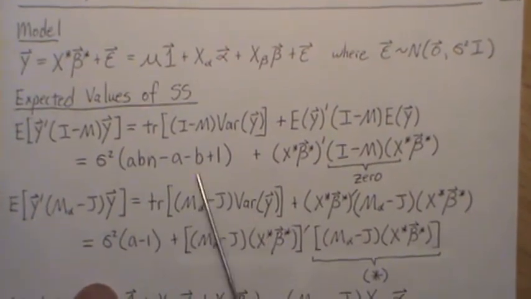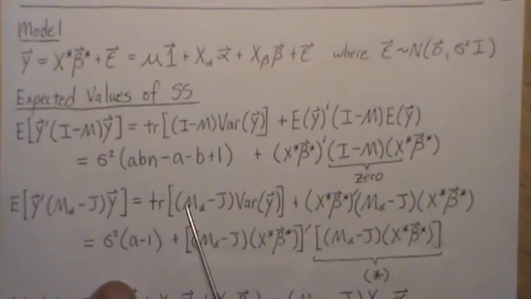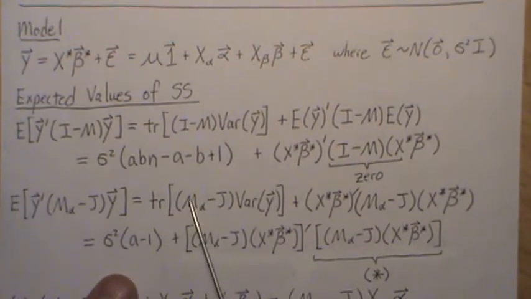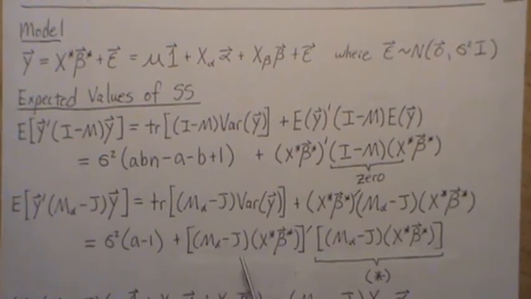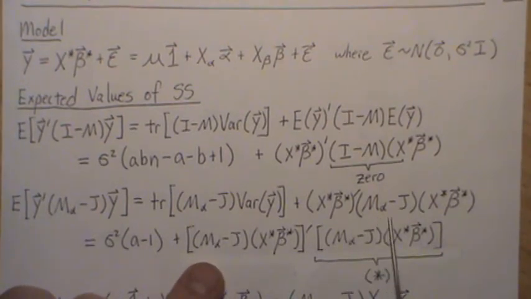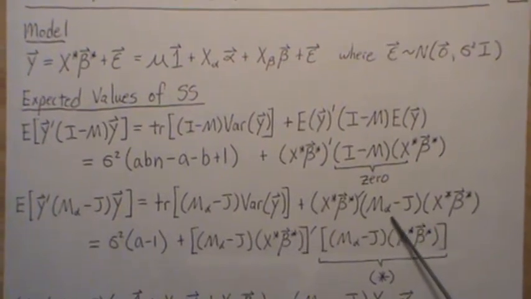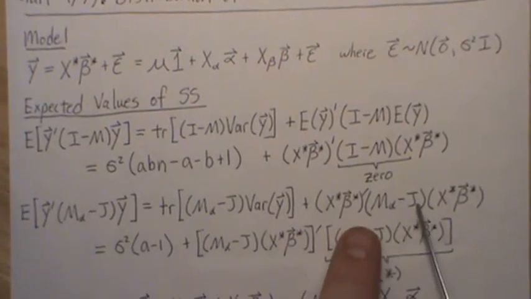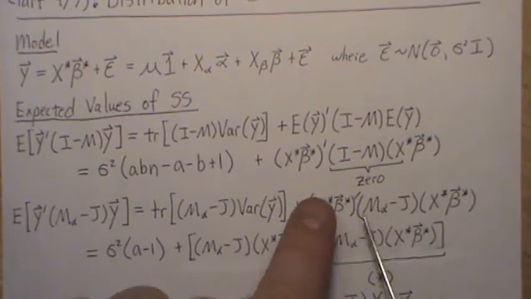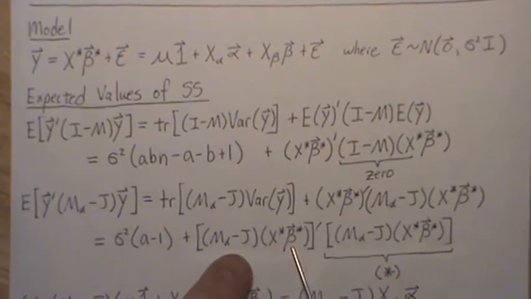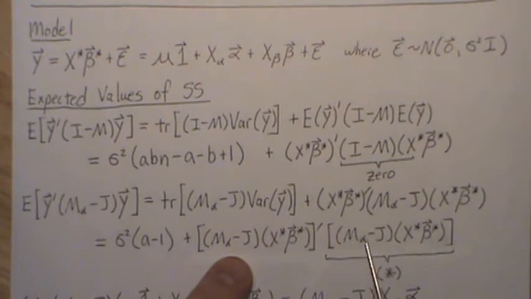This is sigma squared I, the sigma squared comes out, and the trace gives A minus 1. M alpha minus J is idempotent, so you can take it times itself, and then untranspose the last piece, and that's what we get here.